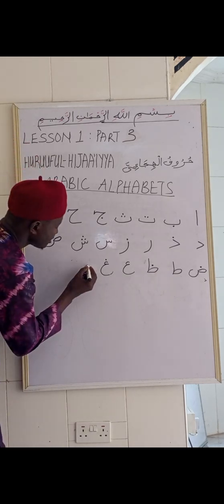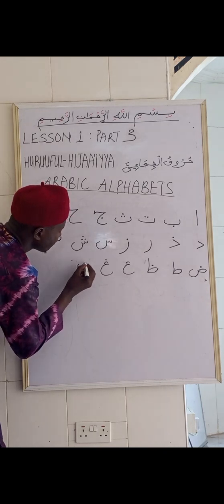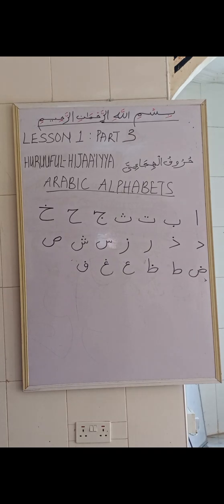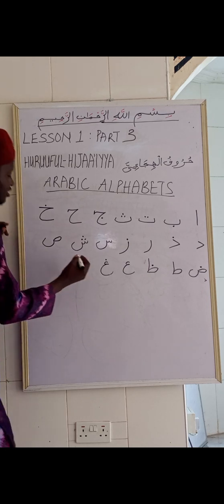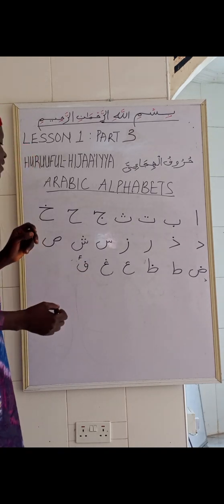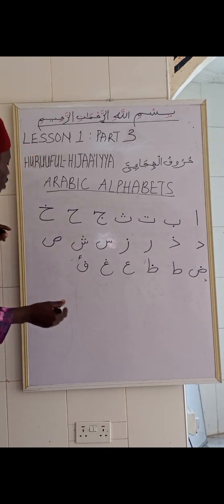The next one is fa. Fa has a single dot. That one is just like the letter F, equivalent to F in the English alphabet. The next one is what?